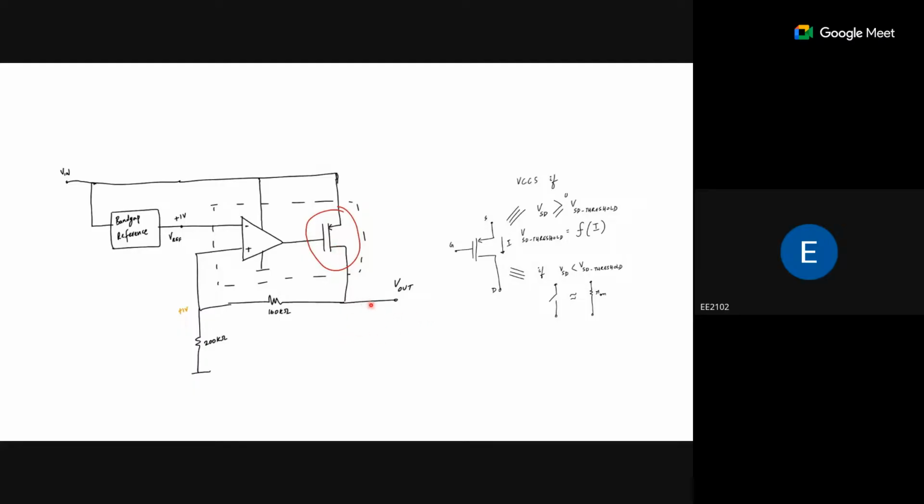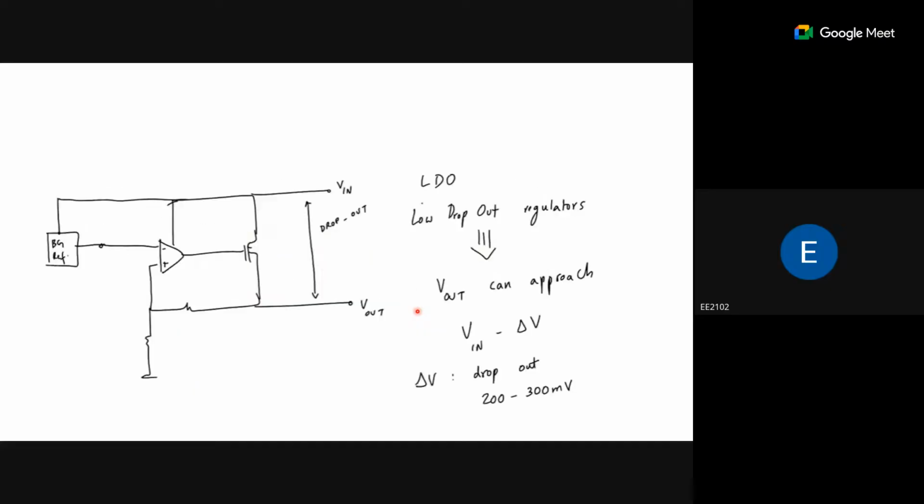That means the regulated output remains constant whatever change happens in the circuit, based upon your resistor values, the transistor you are controlling, and the reference voltage you have applied. So this is how it works.